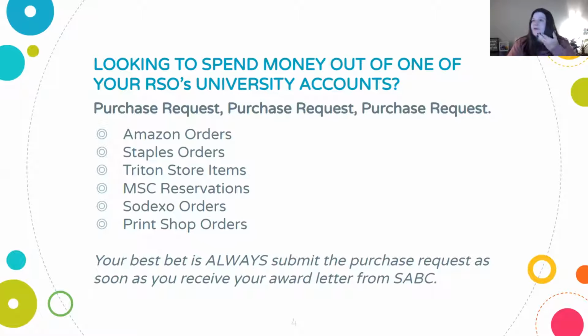In the past, we haven't required a purchase request for all of these items, but moving forward, we're going to try and keep the purchase request as the one-stop shop. If you have bought something on your own, but your student organization was given money from SABC for that item, you also use the purchase request to request reimbursement.